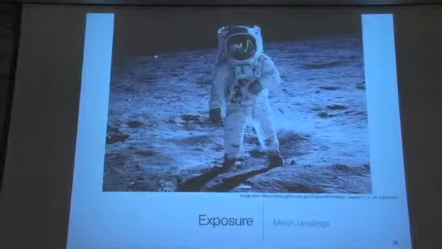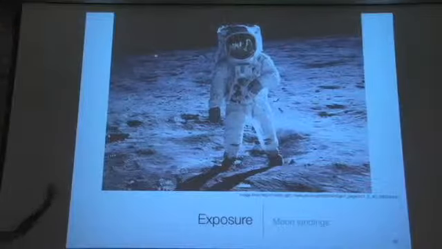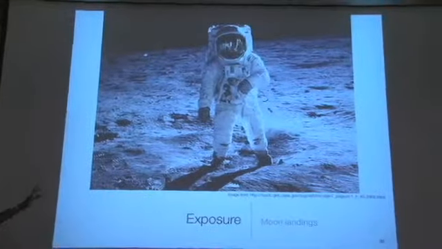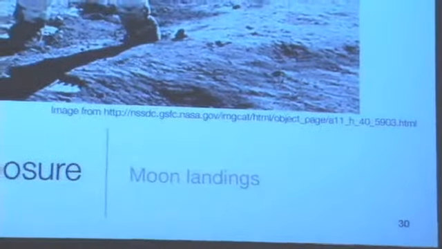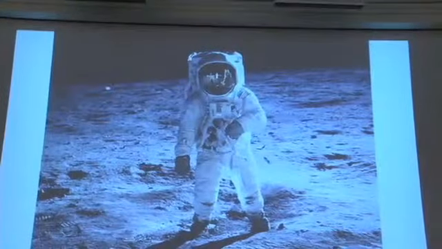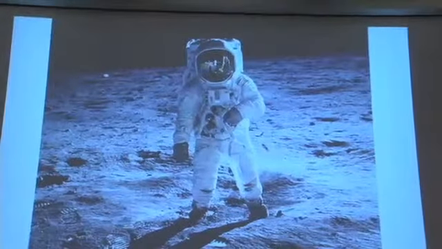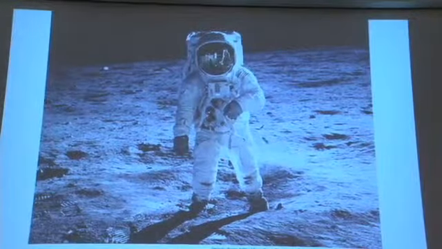Specifically, they're saying that if they are on the moon taking a picture, because there's no atmosphere on the moon, or at least very, very little, then we should be able to see stars in the background. But this actually becomes a question of exposure.